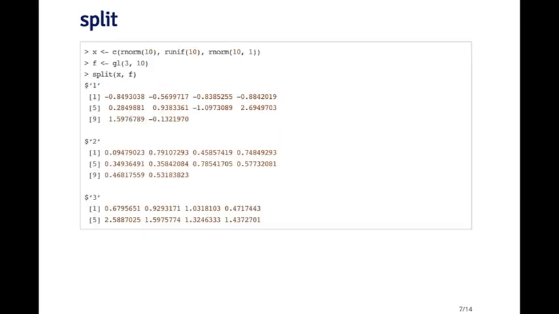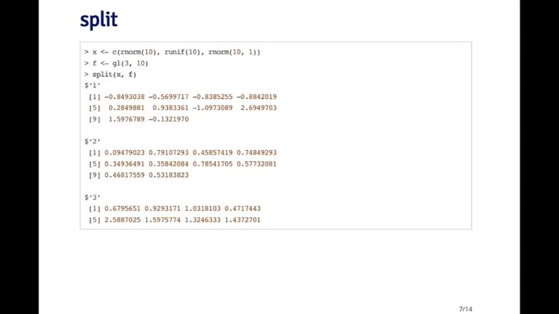So here is a simple example similar to what I had before with the tapply example. I've simulated 10 normal random variables with mean 0, 10 uniforms, and 10 normals with mean 1. And I'm creating my factor variable here. And now I'm just going to split the vector into 3 parts because the factor variable has 3 levels.